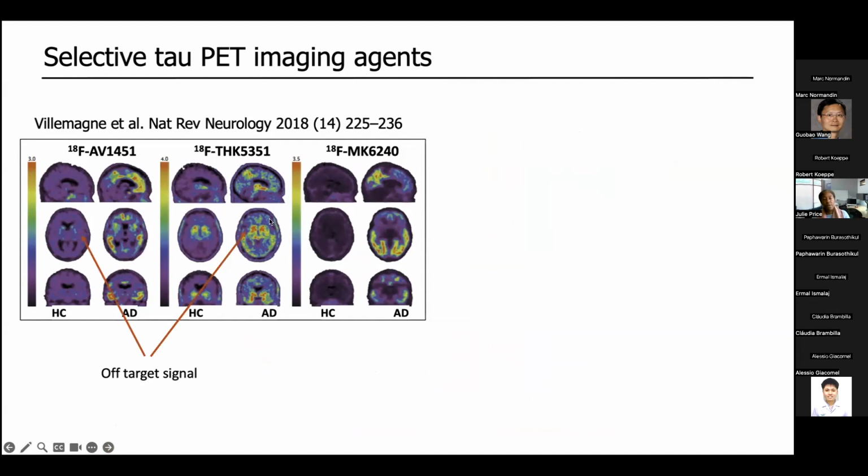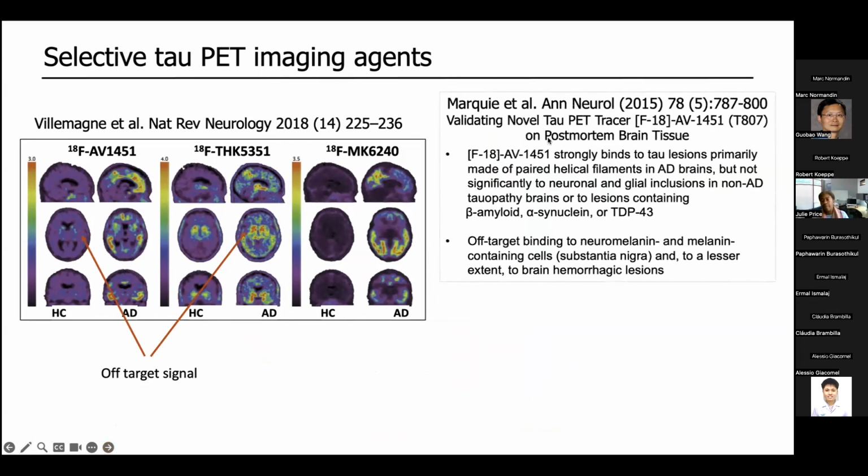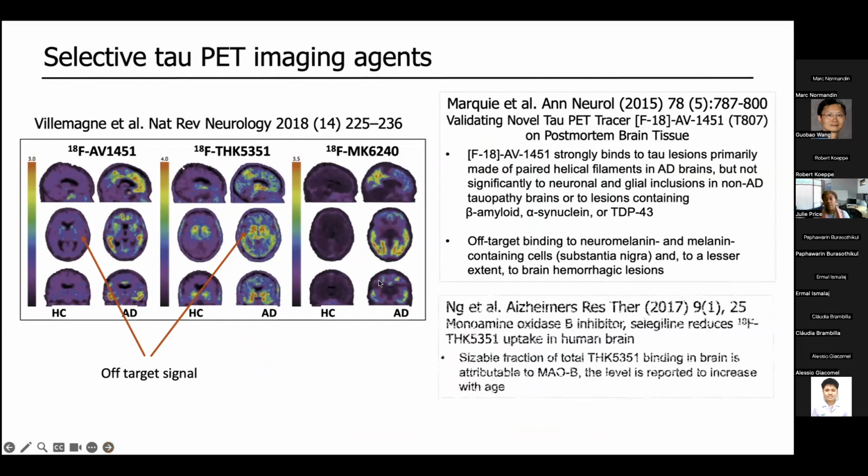I'm going to say something about off-target binding, which was a concern with these radioligands, and I'll say more about the putamen, particularly for fluorotaucipir. But postmortem studies really helped to further understand the nature of this off-target binding.